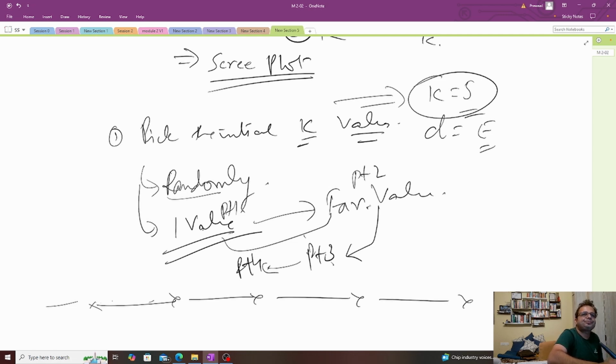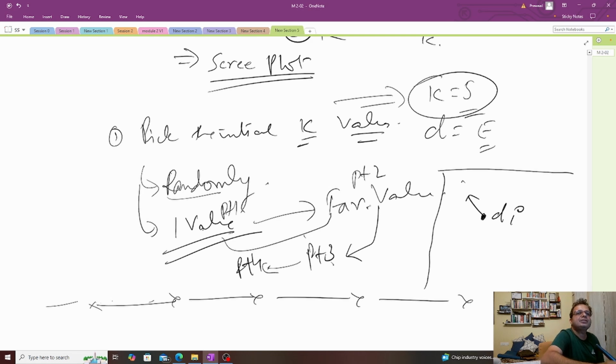There is a variant of k-means which is sometimes called c-means or fuzzy c-means, in which, whenever I'm assigning, let's suppose, a data point di, instead of assigning it to either cluster 1 or cluster 2, wherever it is nearest to, we assign probabilities to these clusters, say 0.2 it belongs to cluster 1 and 0.8 it belongs to cluster 2.